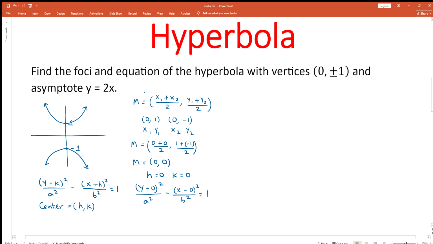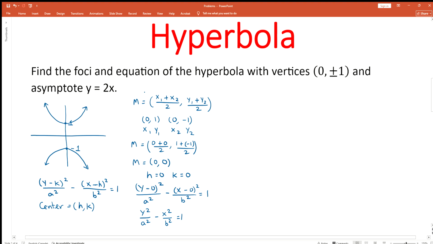Y minus 0 is y. X minus 0 is x. This is the new equation we get. Next, we can analyze the other information in the problem, that the asymptote of the hyperbola is y equals 2x. A hyperbola has two asymptotes.